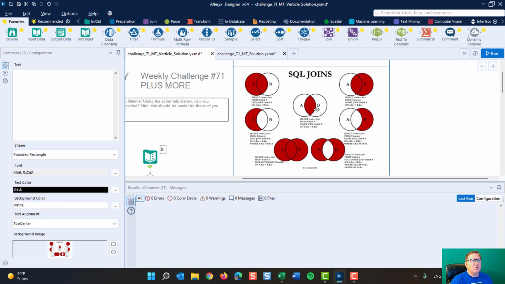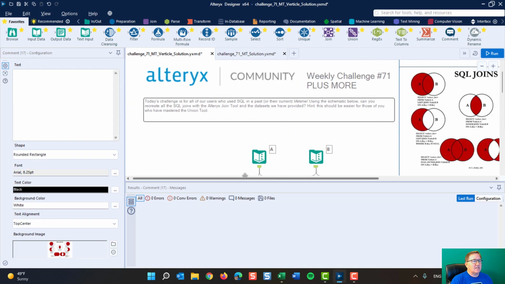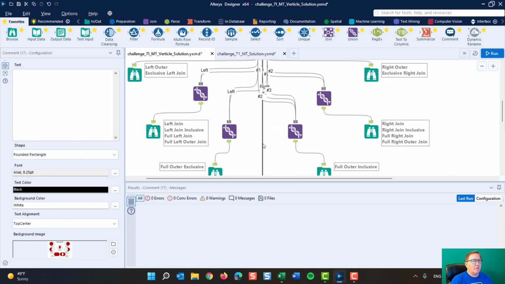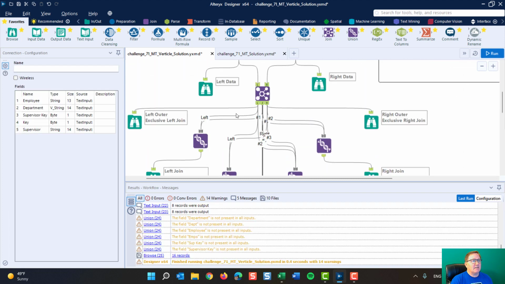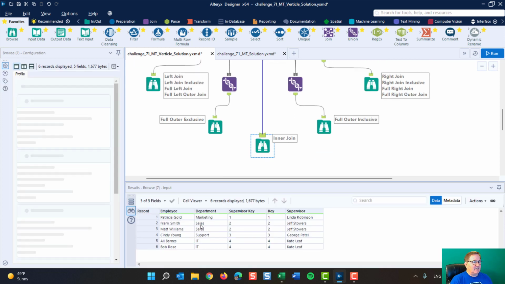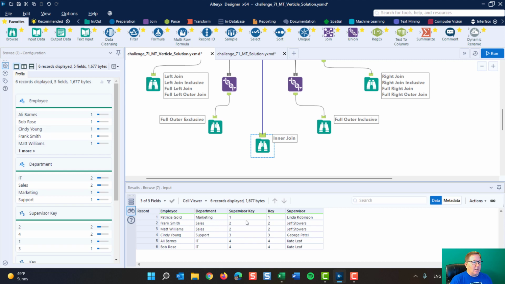Here's where the 2 sets of data are the same. And so out of the join, we come down here, and it's a straight line. See that thick line coming out of the join? Inner join. These are the pieces of data where the employee and the supervisor key are the same, and over here is the same. Where they exist in both.